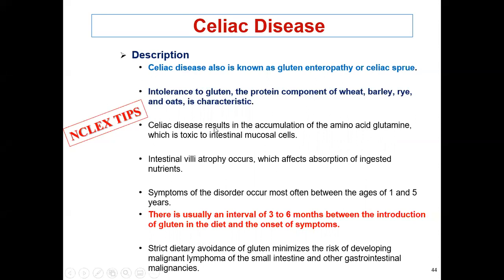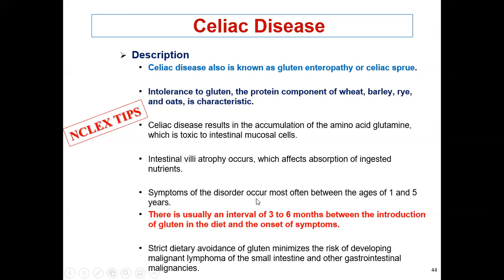Celiac disease results in accumulation of the amino acid glutamine, which is toxic to intestinal mucosal cells. And intestinal villus atrophy occurs, which affects absorption of ingested nutrients.